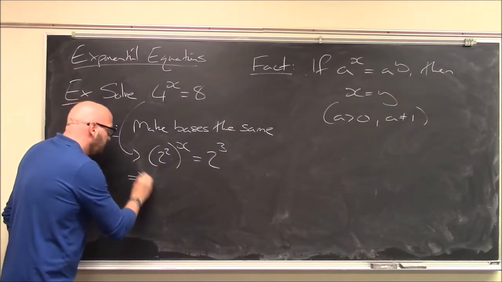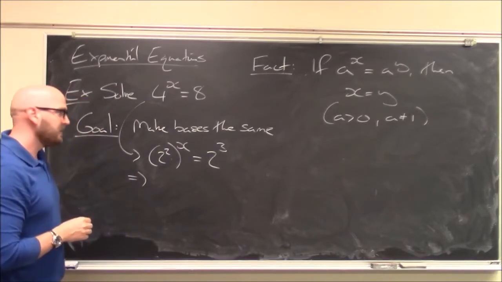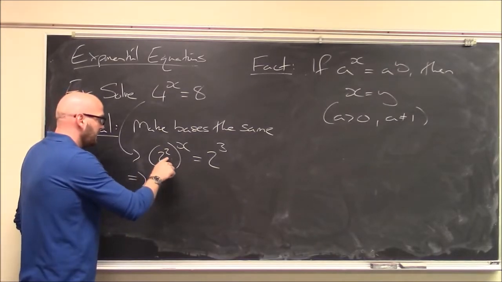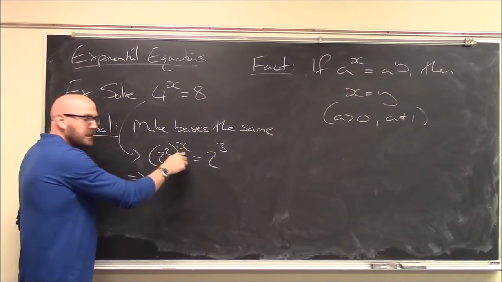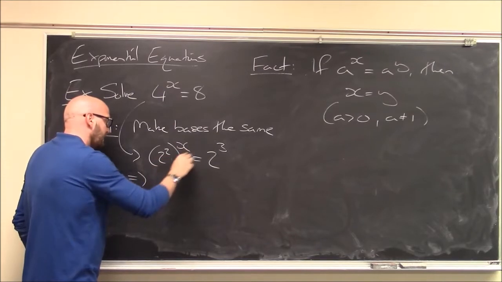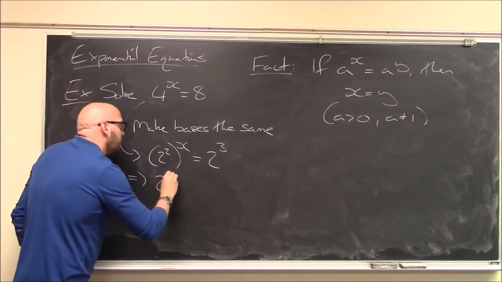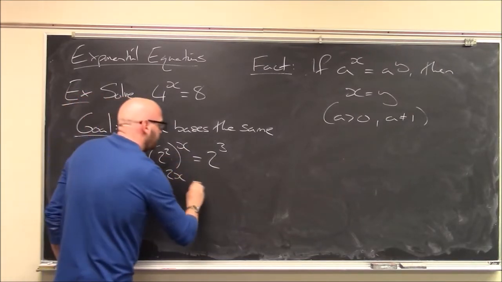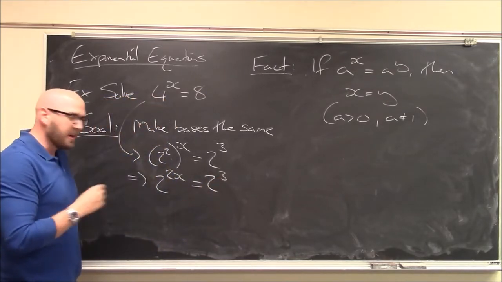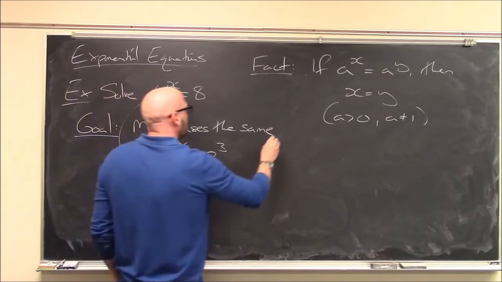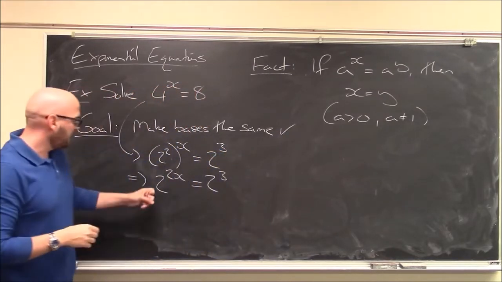And if I just use my properties of exponents now, I will actually have the same bases. What does repeated exponentiation mean? Well, it means I need to multiply these together. That's how we handle repeated exponentiation. So this is actually 2^(2x) equals 2^3. And our goal is accomplished. Our goal, making the bases the same, is accomplished.